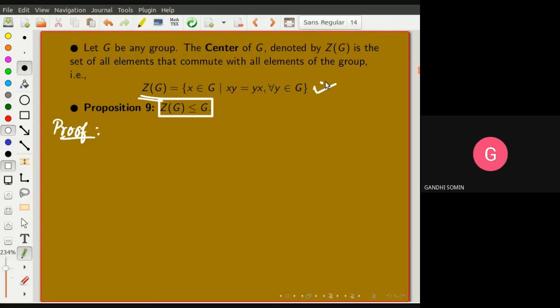Sir, the center is for a group and the centralizer is for an element, right? Exactly. If a group is center, so it is centralizer. No. Once again, if a group is center, that doesn't make sense. Can you repeat? The center of a group is the centralizer of the group always, right?